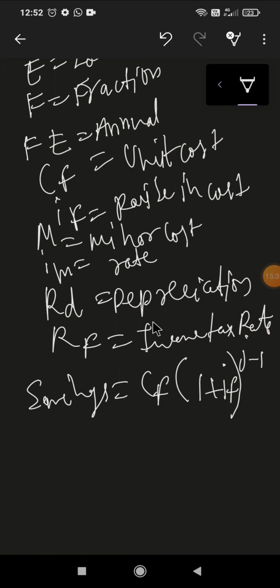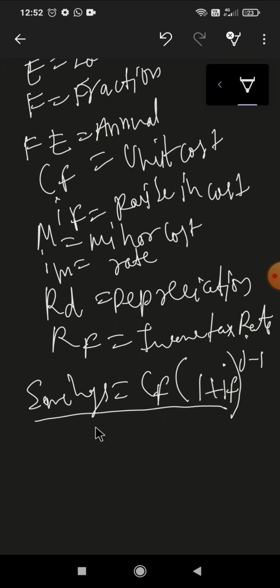This is the rise in that cost. So what is J? Any year, suppose the fourth year, how much electricity is being saved? This is the formula, generally the formula for compound interest. The compound interest formula has been used to find the compound savings.